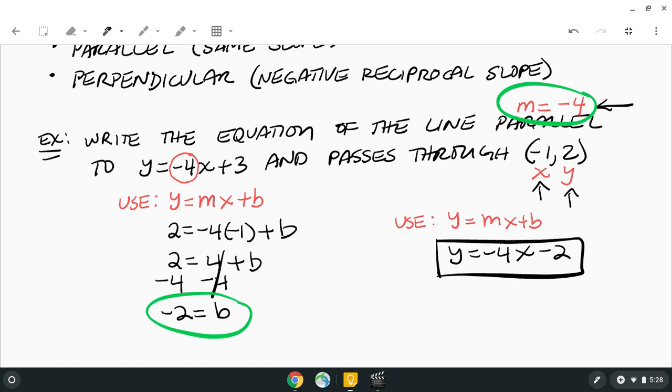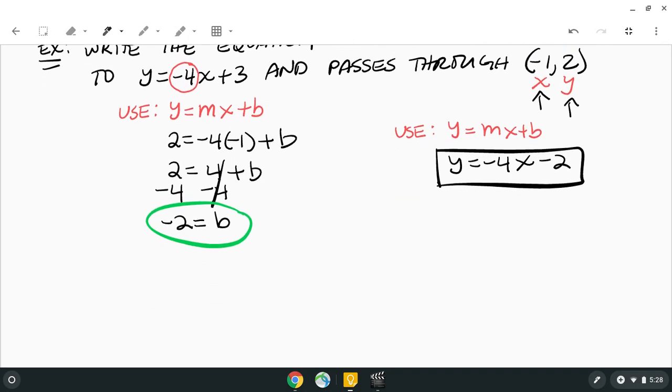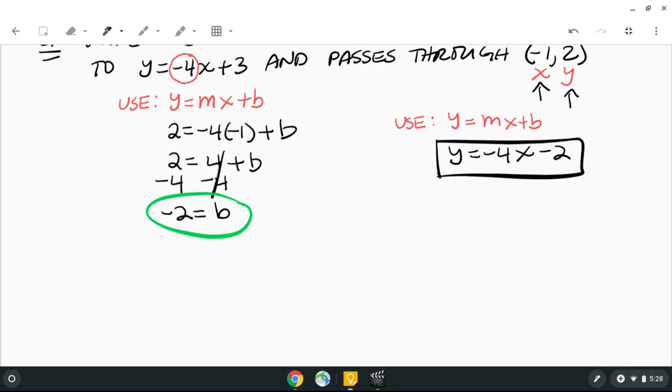Okay, so now let's take a look at writing the equation of a line that's perpendicular. I'll actually use the same equation here and the same point.